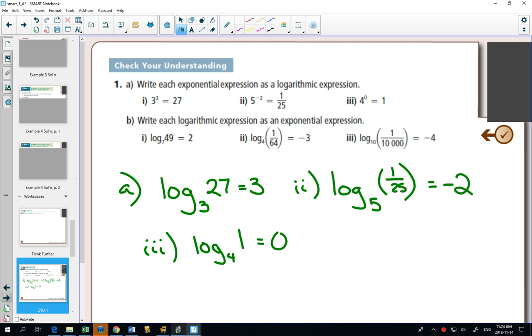Logs always solve for exponents. So if I color code these, when I'm looking at the logarithms, I'm really thinking, 3 to what exponent would be 27? It would be 3. 5 to what exponent is equal to 1 over 25? That would be negative 2. And 4 to what exponent is equal to 1?